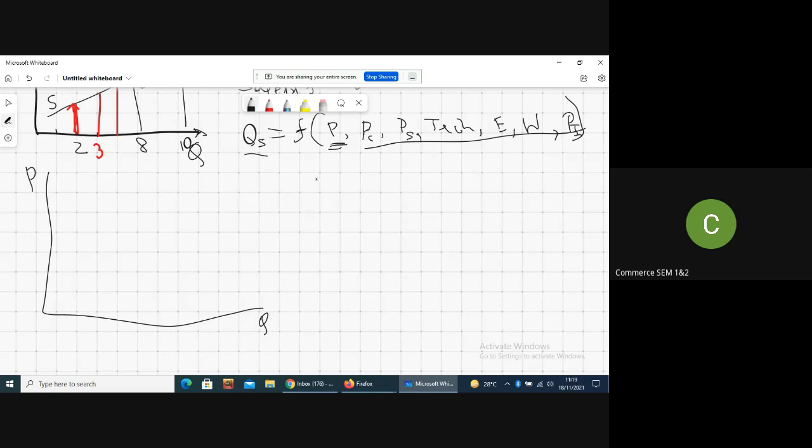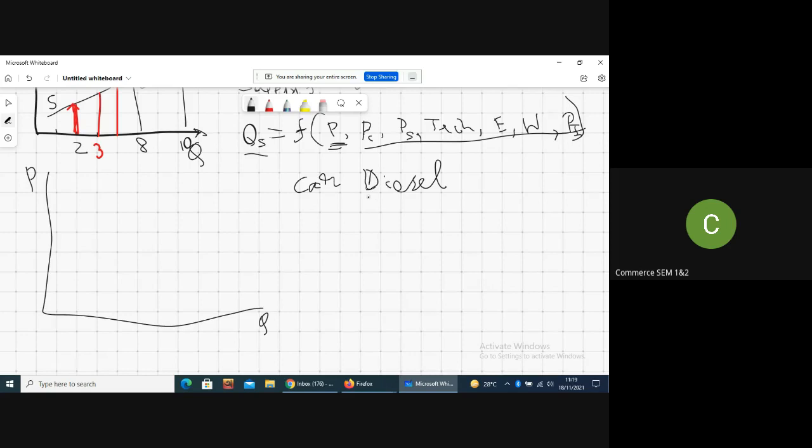So let us assume the complementary goods are say car and diesel. So the two goods are used simultaneously. Without having diesel, you cannot use your car.